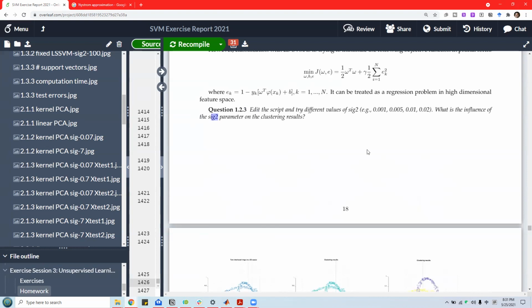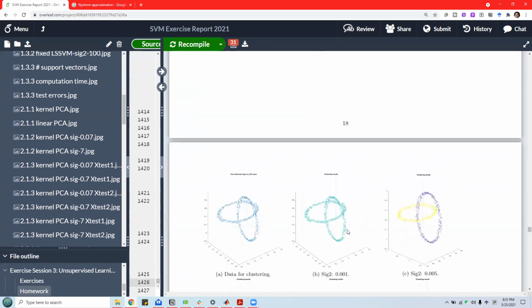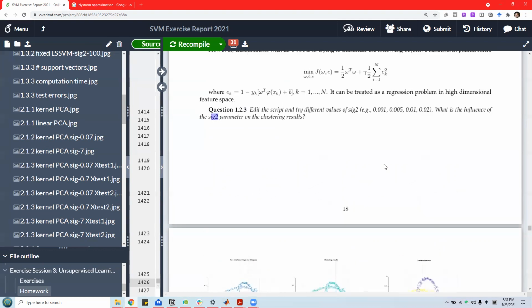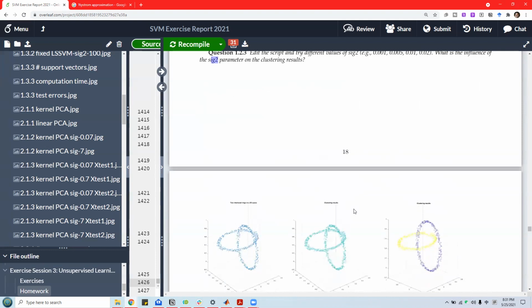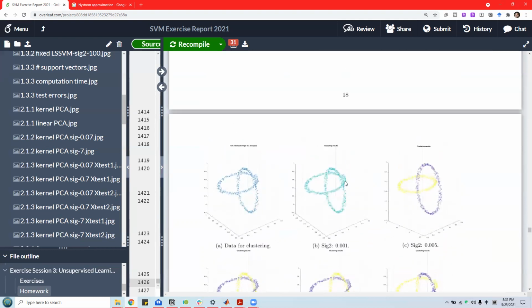When sigma 2 is very small, even though these data points are really close to each other, every point belongs to its own cluster, so it's not able to group or merge with other data points.